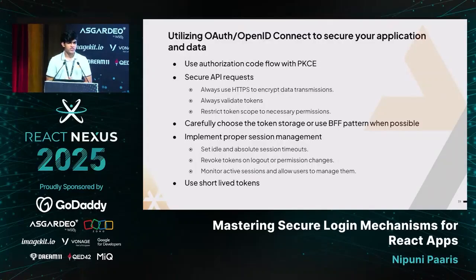You can also use short-lived tokens. You can keep the lifetime of the token very short, and whenever it is about to expire, it requests a refresh token, right? So the token keeps changing, and it's secure that way.